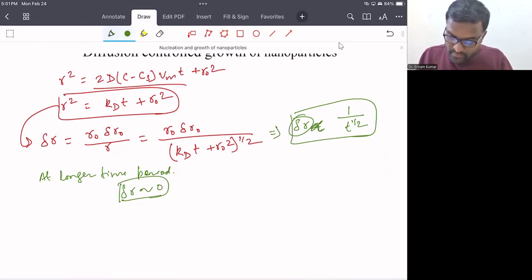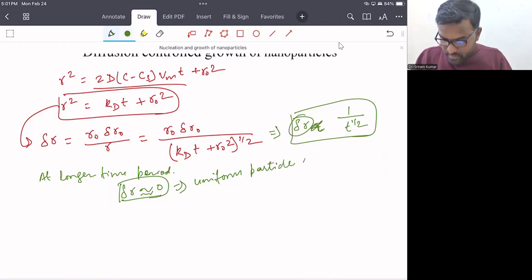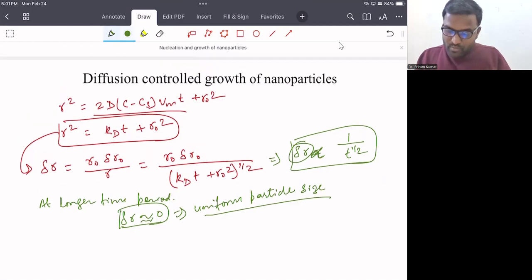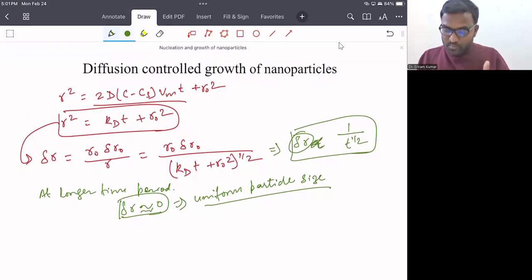That means we have uniform particle size. This is an important thing while the growth process happens.